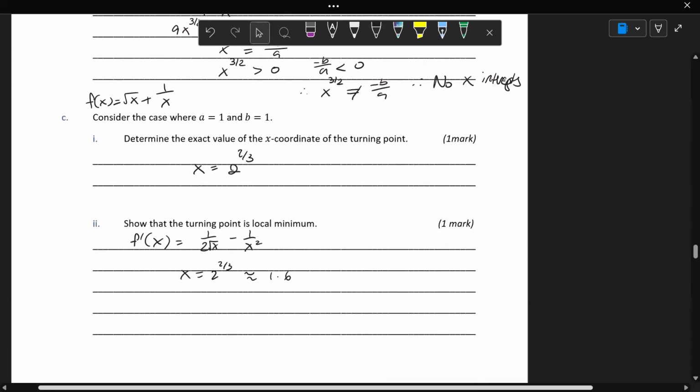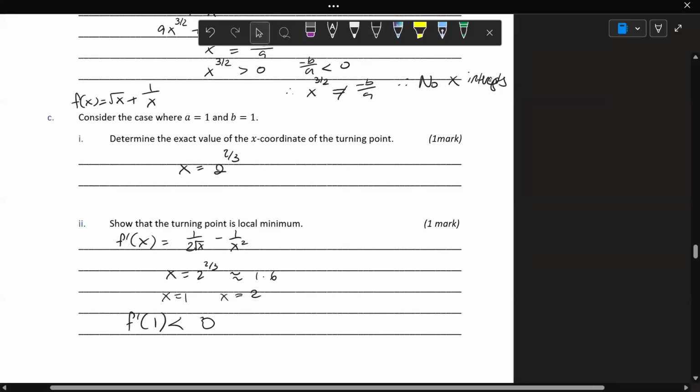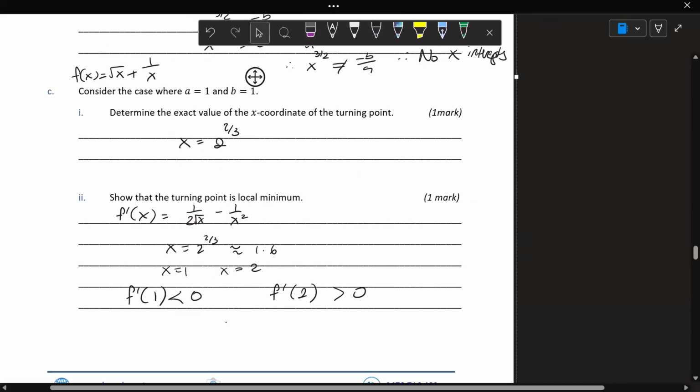So then we can take x equals 1 and x equals 2 and put that into the gradient function. So f dash 1 is less than 0 and f dash 2 is larger than 0. Therefore, the turning point is a local minimum.